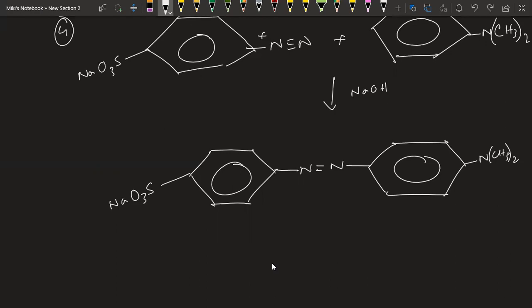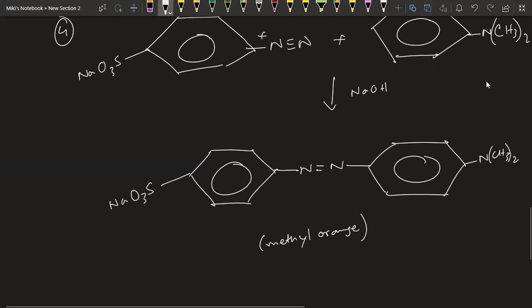We can identify what type of solution something is if we place methyl orange into it. Based on the acidity or alkalinity of the solution, methyl orange will show a certain color. So this is the methyl orange we used to talk about, and this is its structure. That was for this part.